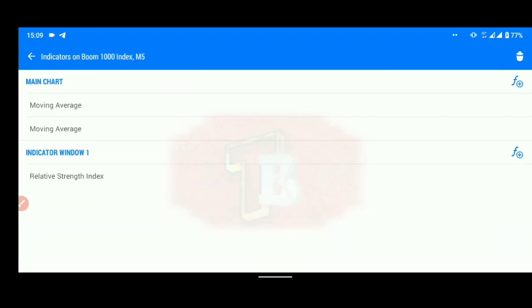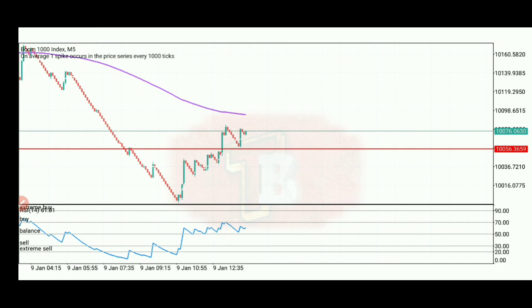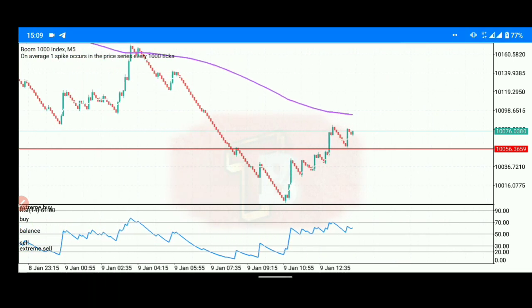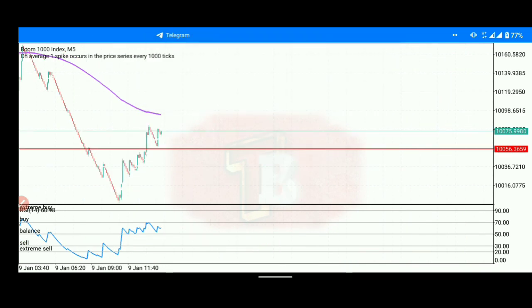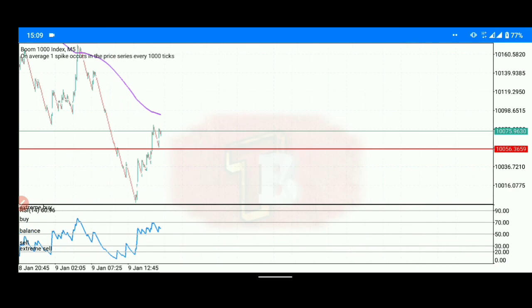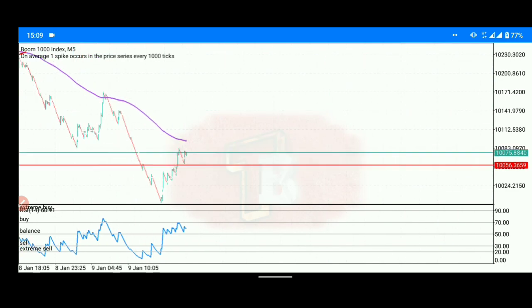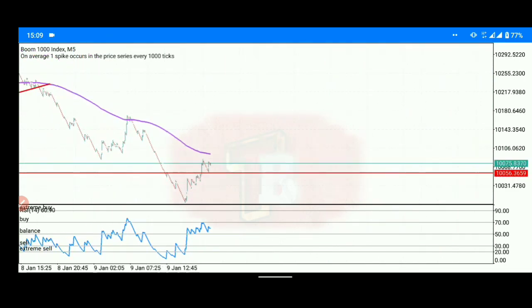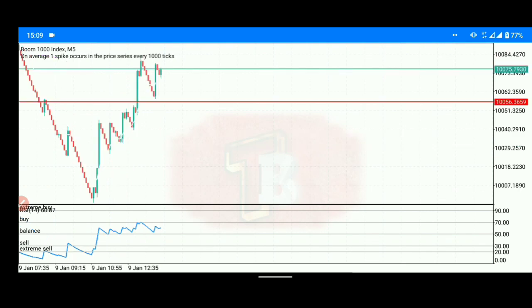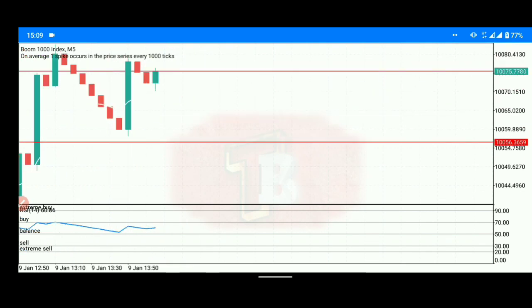All right, so we have our RSI indicator. As you can see, this is our RSI indicator. I'm going to give you a hint about the zoom level you'll be using. This is the first zoom level, second zoom level, third zoom level, fourth zoom level, and the fifth zoom level.